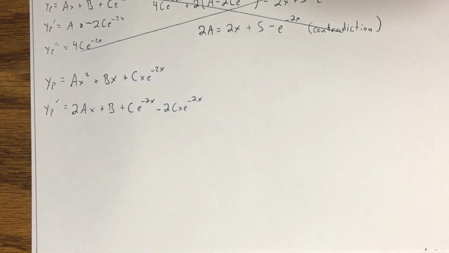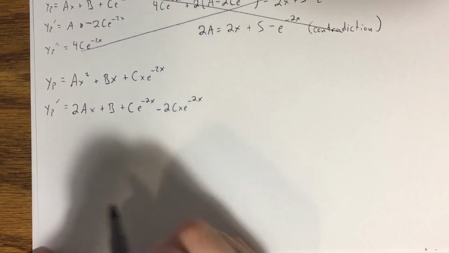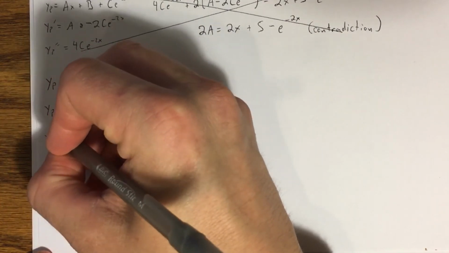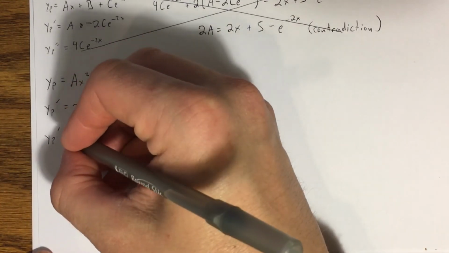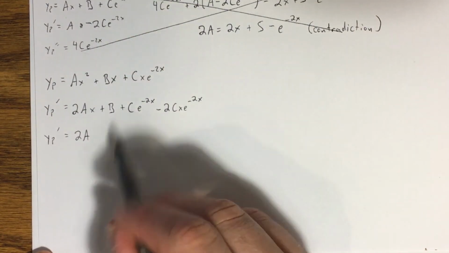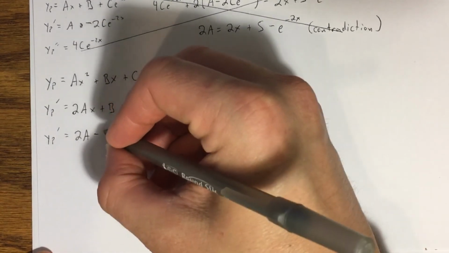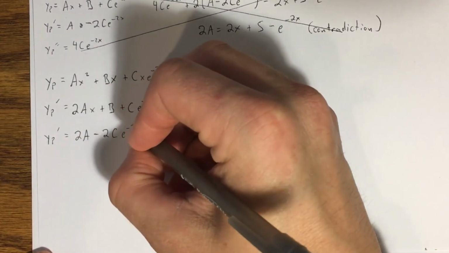Next up, what I'm going to need to do is differentiate this guy. That's going to give me yp double prime equals 2a. The derivative of this is going to be negative 2c e to the negative 2x.